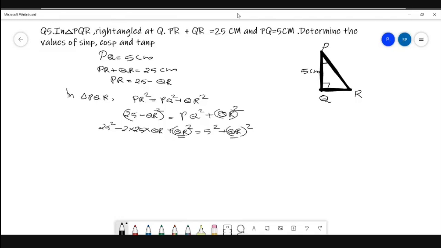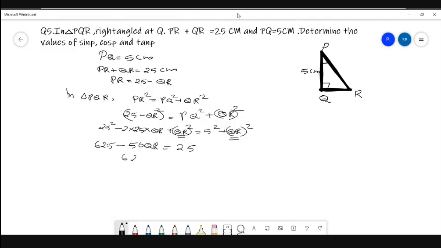Now we can cancel this QR square, that is 625. 25 square is 625 minus 50 QR equal to 25.